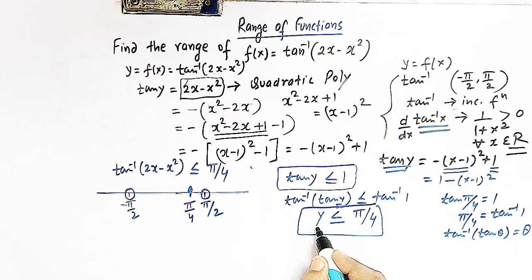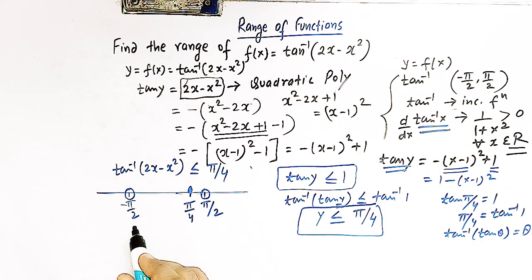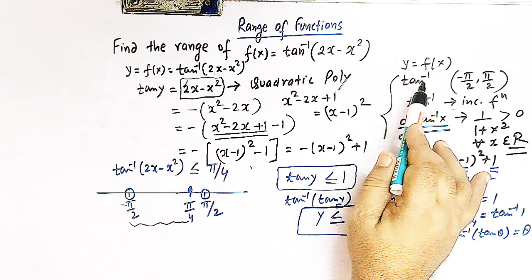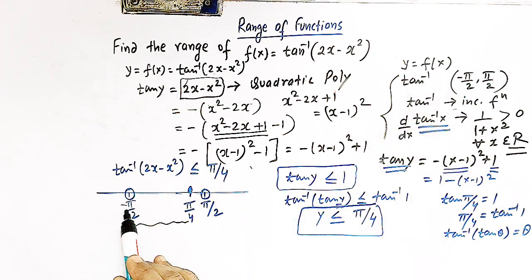So now this inequality, that is y less than or equal to pi by 4, suggests that we have to consider only this interval, right? See, the principal value branch of tan inverse is from minus pi by 2 to pi by 2, and here we have obtained the inequality that y is less than or equal to pi by 4.